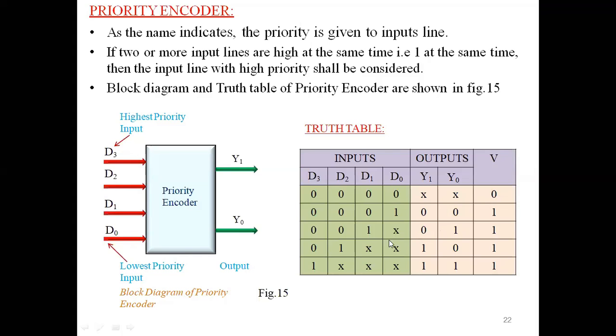Here see 2 don't care conditions, that means 4 combinations. Here 3 means 8 combinations. 8 plus 4 is 12. Here 2 combinations, 12 plus 2 is 14, 15 and 16. So totally how many combinations will be required? 16 combinations.